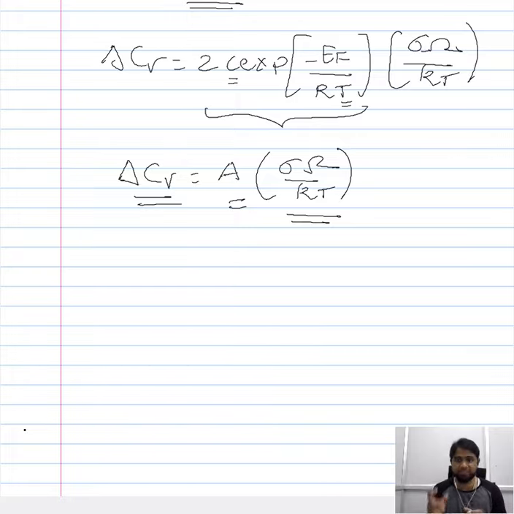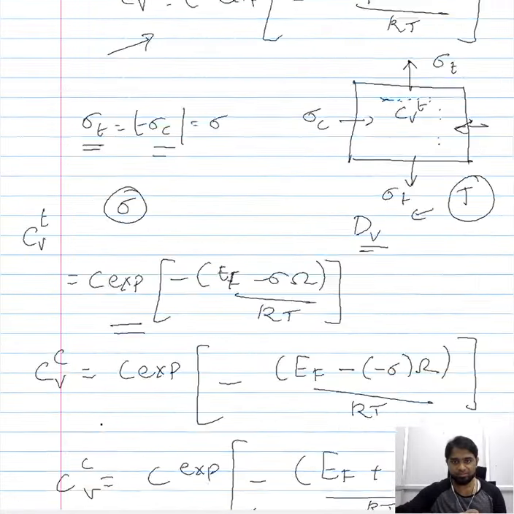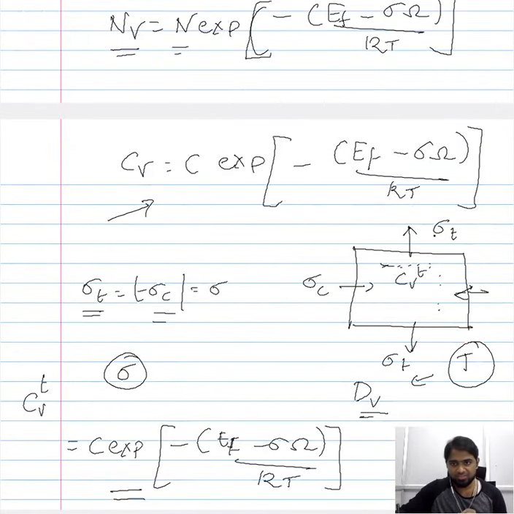Now, since we have definite regions where these stresses operate, the tensile stress operates in this region, and the compressive stress operates in this region, it is possible for us to find the gradient across these two points. Gradient is nothing but difference in the concentration across a linear section. So let us consider a linear section of length L. One point of that linear section is where the compressive load is acting.